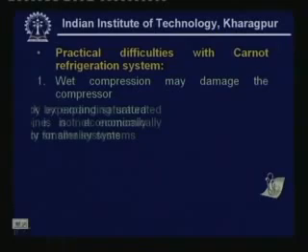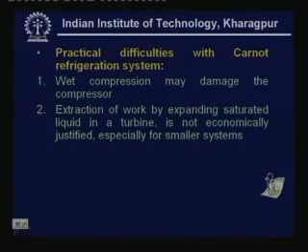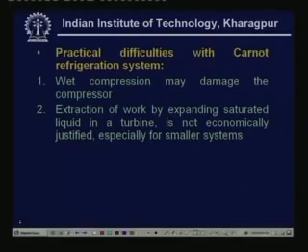Okay, the second difficulty is that the extraction of work by expanding saturated liquid in a turbine is not economically justified, especially for smaller systems. We have seen that in a Carnot refrigerant cycle, the expansion process is isentropic. That means we use a turbine and extract work. That's how you get an isentropic expansion process. But what is the work output during this process?